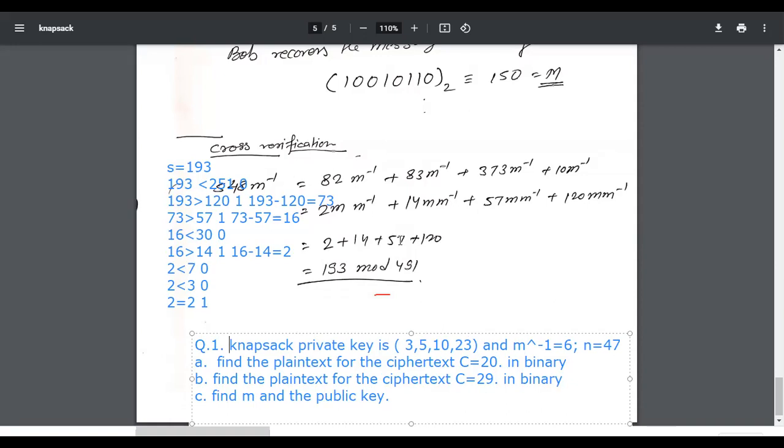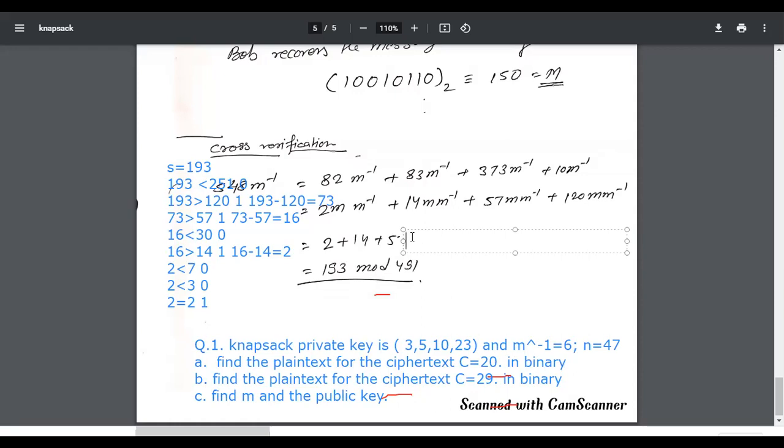Another question you can solve. Suppose the super increasing tuple is 7, 19, 79, 7.